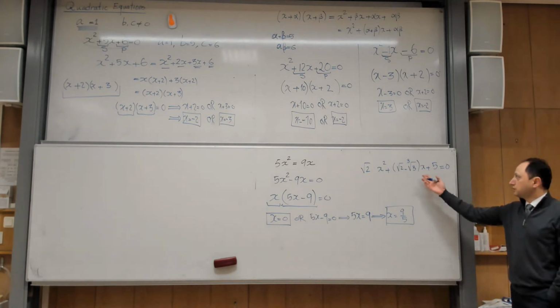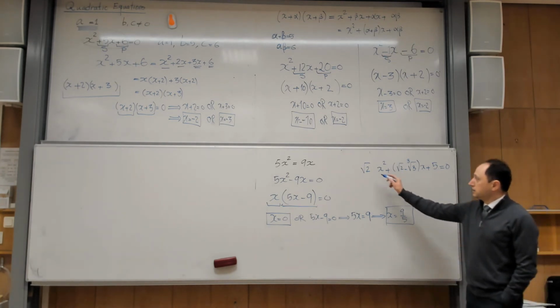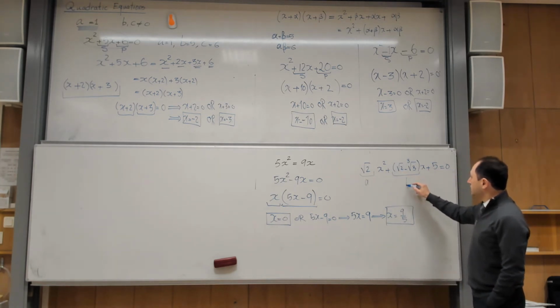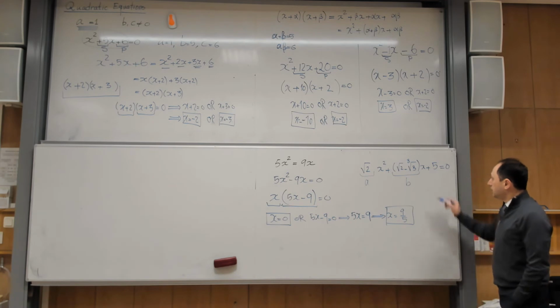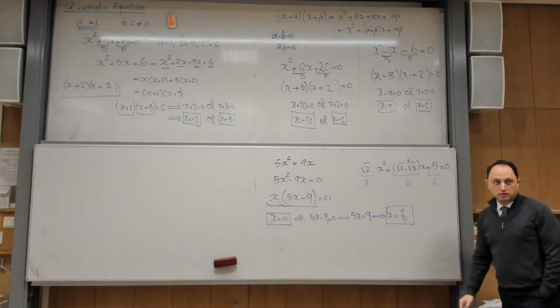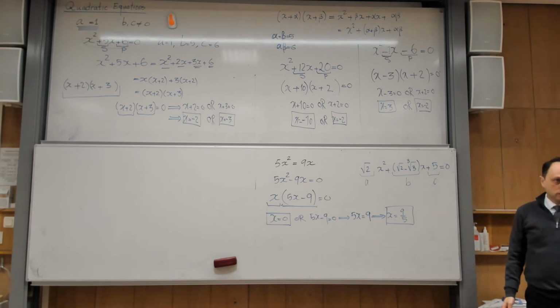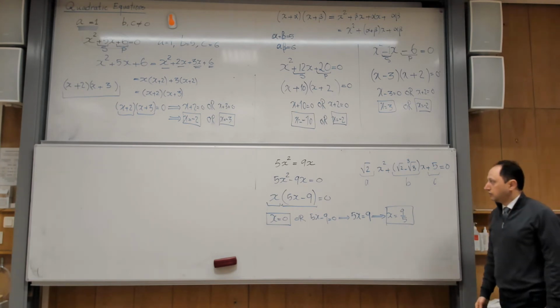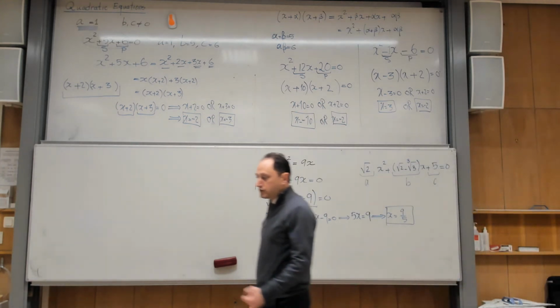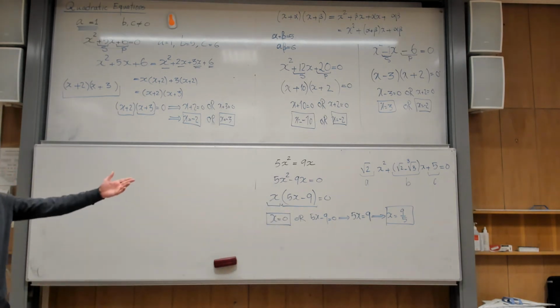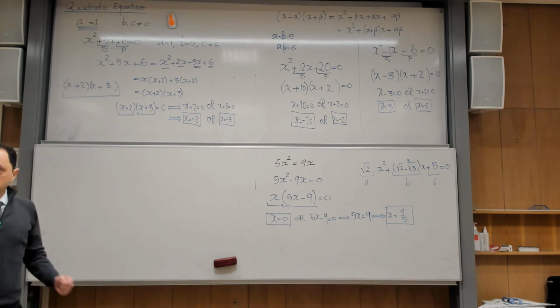This is also a quadratic equation, but in this case, a is square root of 2, b is this strange number, and c is this one. There is no way even for me to factorize this by guessing. So I really have to have a systematic method which is not defeated even by complicated problems. That is the goal.